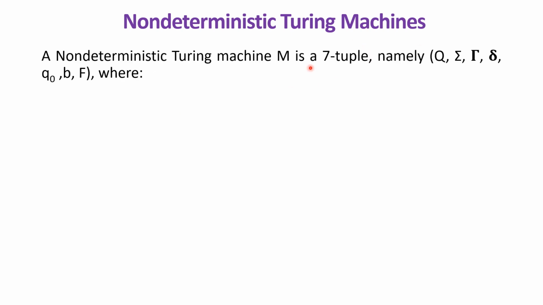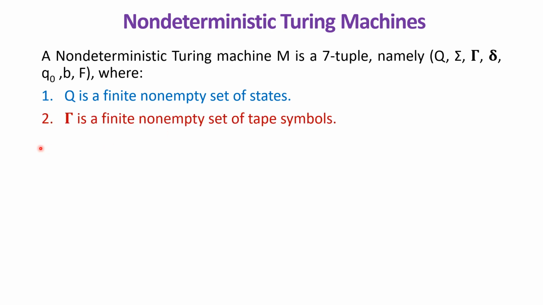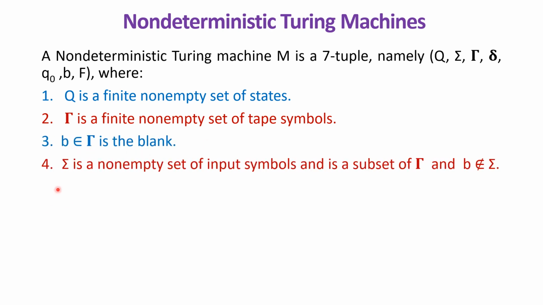Let us discuss another variant of Turing machine known as non-deterministic Turing machine, which consists of 7 tuples, namely Q, sigma, tau, delta, Q naught, B, F, where Q is a finite non-empty set of states, tau is a finite non-empty set of tape symbols, B belongs to tau, which is a blank symbol, sigma is a non-empty set of input symbols, a subset of tau, and blank does not belong to sigma.